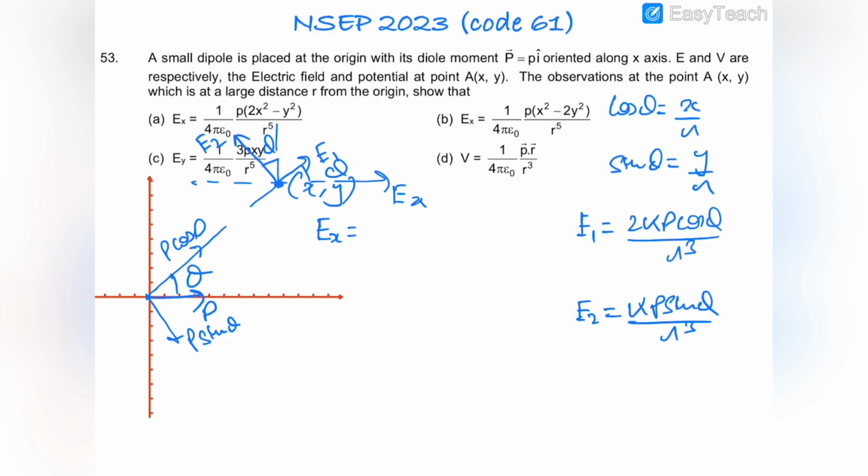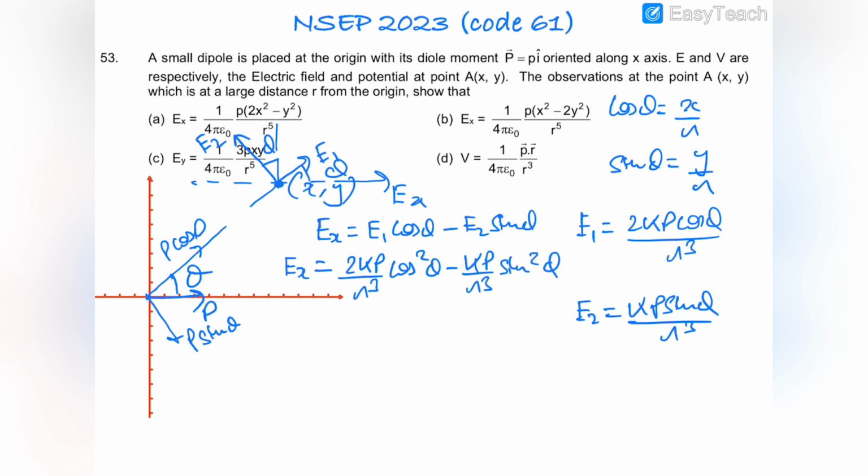So Ex would be equal to E1 cos theta minus E2 sin theta. So Ex would be equal to 2kp by r cube cos square theta minus kp by r cube sin square theta. So this is kp by r cube, and 2 cos square theta would be 2x square minus y square divided by r square. So the correct answer is A.